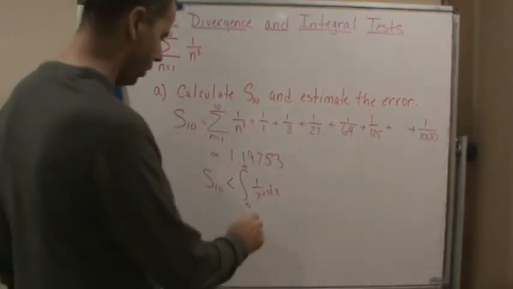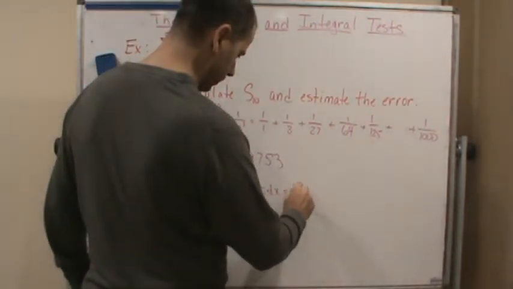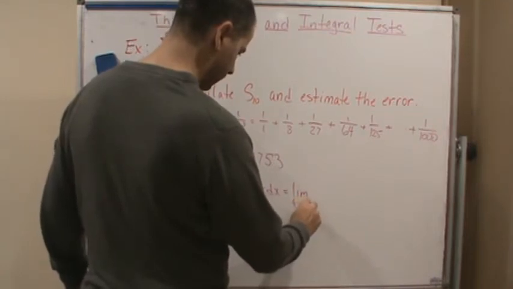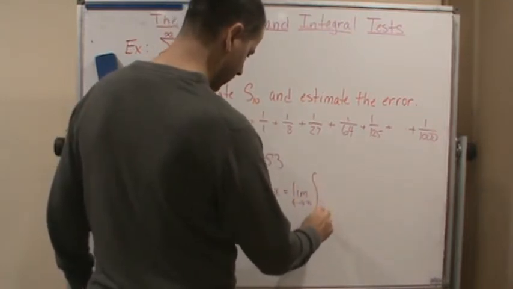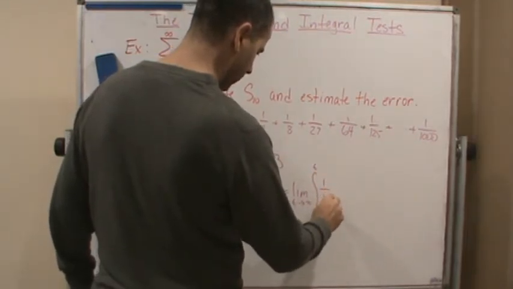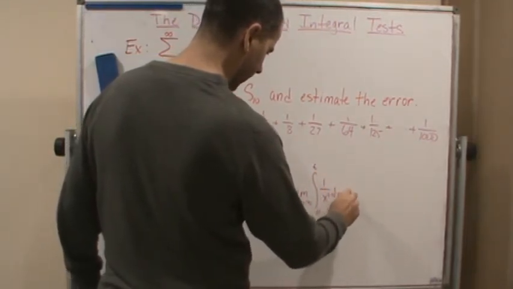Okay, and so what is this equal to? Well, this is equal to the limit as t approaches infinity of the integral from 10 to t of 1 over x cubed dx.